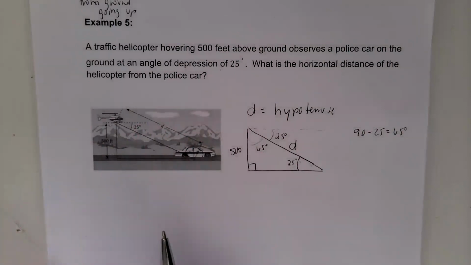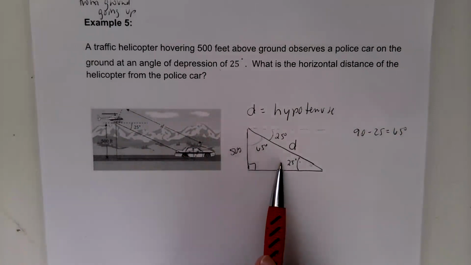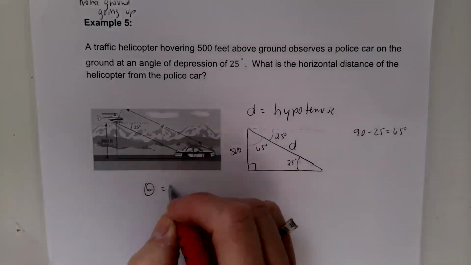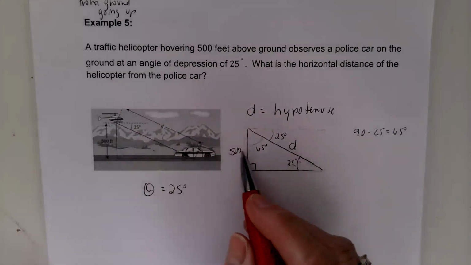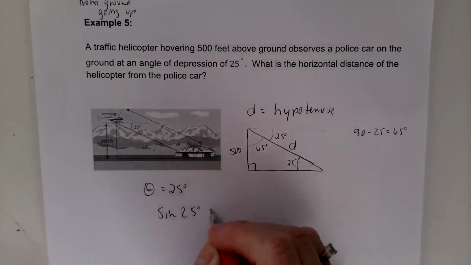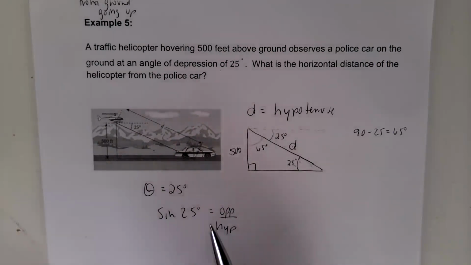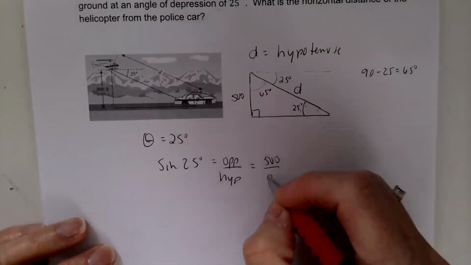Okay, so what things do we know? We know the side opposite 25. So I'm going to use 25 as my reference angle. I'm going to say theta is 25 degrees. What I do know is opposite over the hypotenuse is sine. So the sine of 25 degrees is equal to the opposite over the hypotenuse, because that's SOH, and that is equal to 500 over D, what I'm trying to solve.